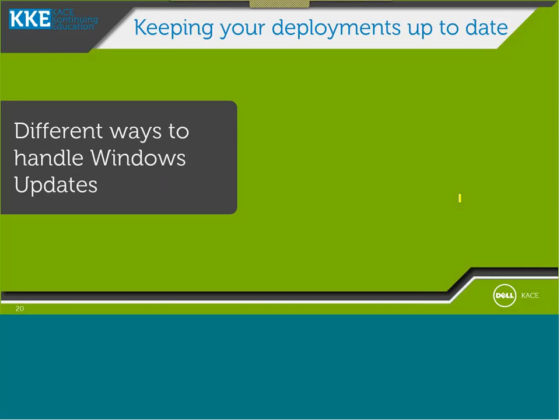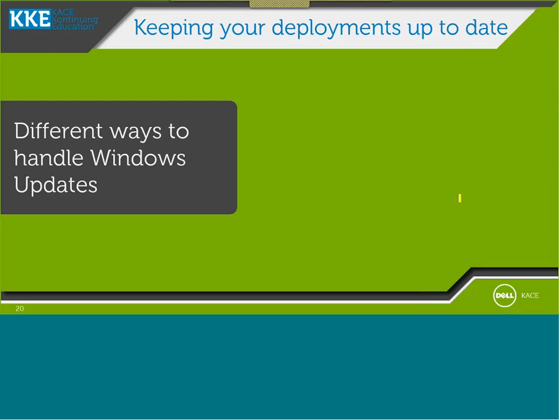Now, let's have a look at different ways to handle Windows updates. Especially when we use scripted installs, one of the problems is to install the Windows updates. When you install a plain Windows 7, even if you use a Service Pack 1 CD, it's still hundreds of updates, probably around 200 updates now, that you have to run afterwards.